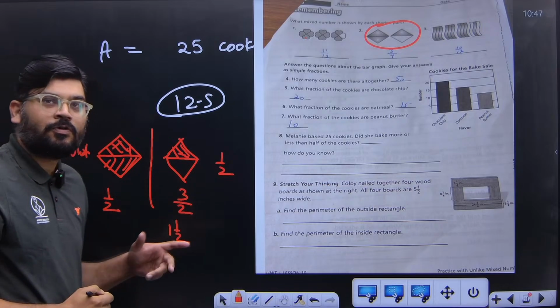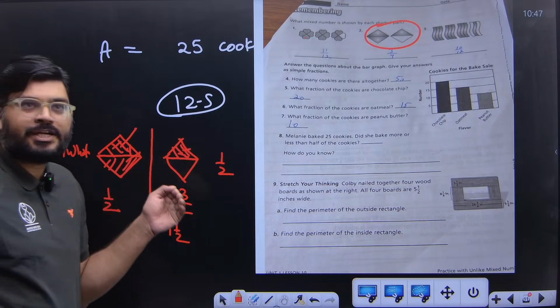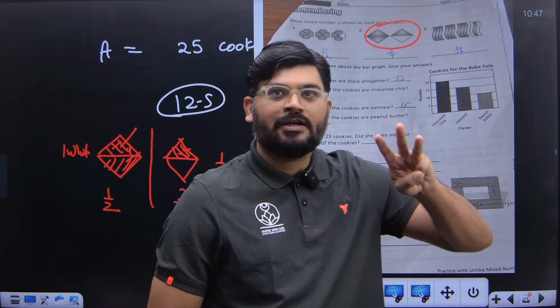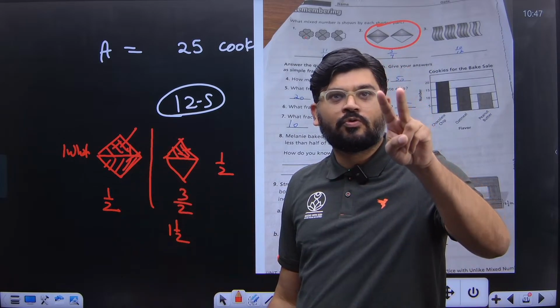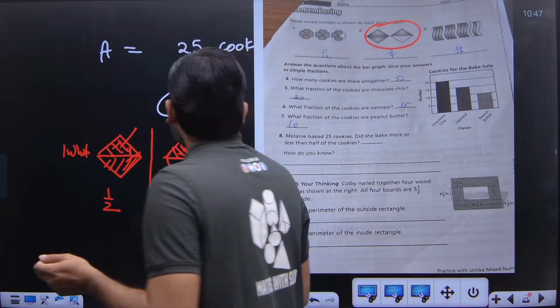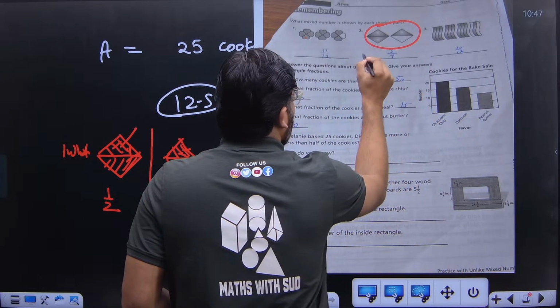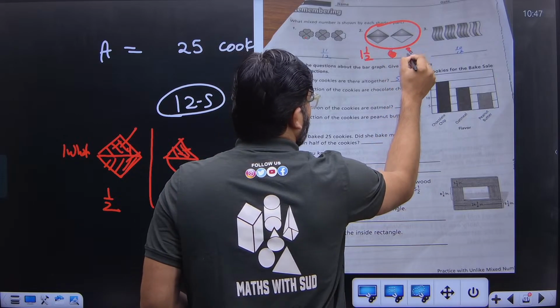How 3 over 2? Just check it out. 1, 2, 3. How many parts are shaded? 3 parts are shaded. And how many pieces has it been divided into? 2. So it is 3 over 2. Are you getting it? So the answer is either you will write 1 and 1 over 2, or you will write 3 over 2.